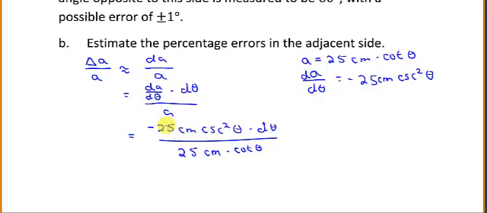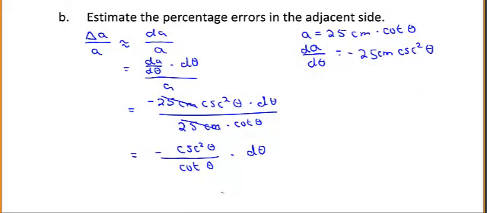Notice that the 25 centimeters cancel, and so I'm left with just the opposite of the cosecant squared of theta over the cotangent of theta times d theta.